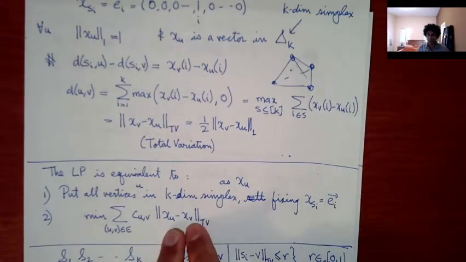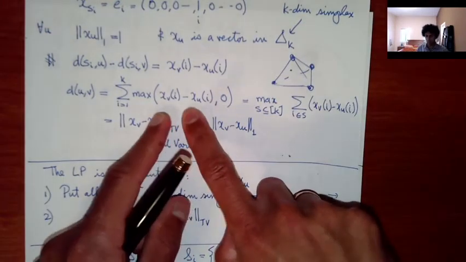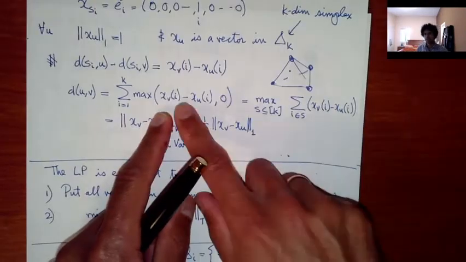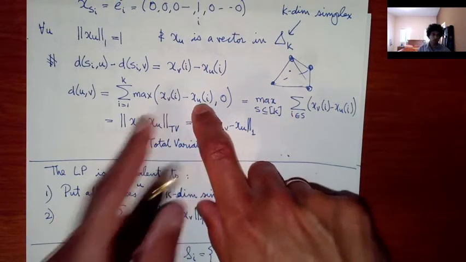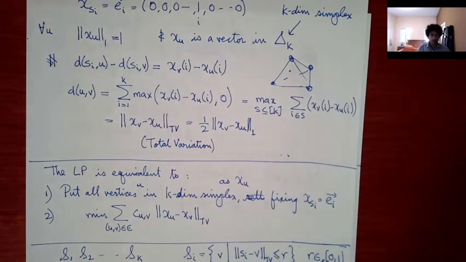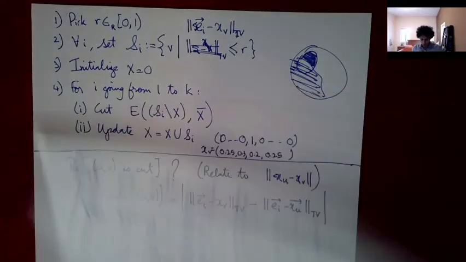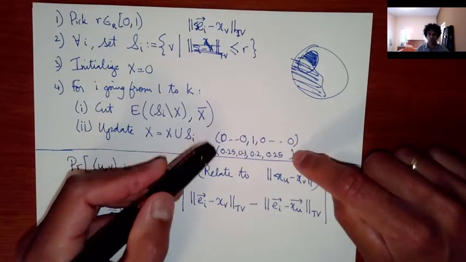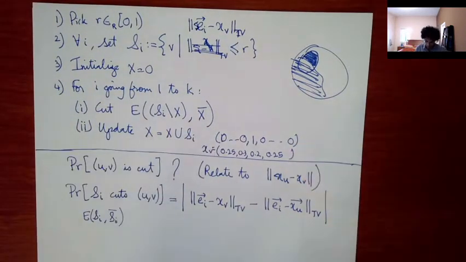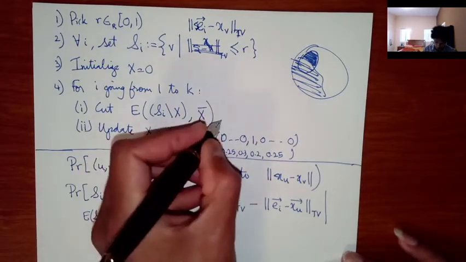And total variation is simply looking at the max of XV minus XU, looking at the difference with a max with 0. And so the total variation with any of these is really easy to understand. Suppose these are the two distributions, and let's just say it's 4-dimensional.